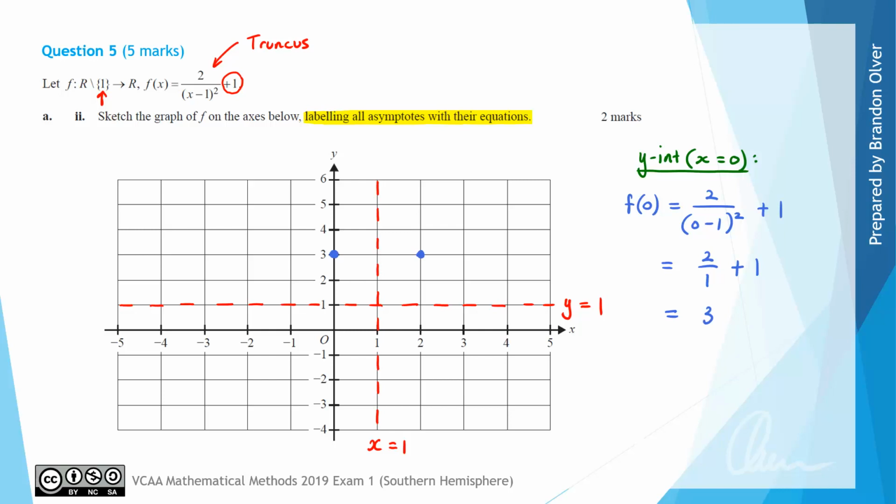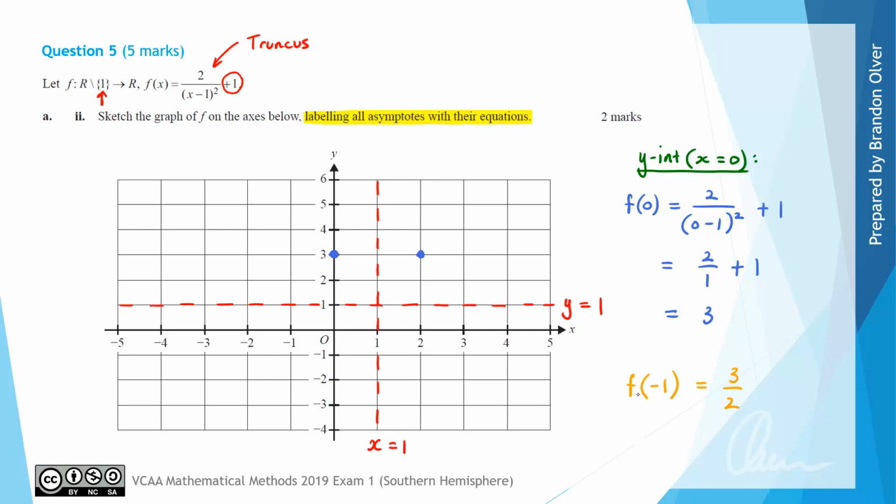The thing to note here is that VCAA have provided a grid intentionally, because they expect a good level of accuracy for our graph. The other thing that we can do is think back to part A and think about what that information gives us. In part A, we found that f of negative 1 is equal to 3 over 2.